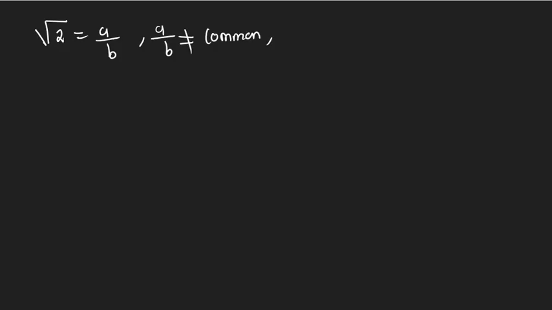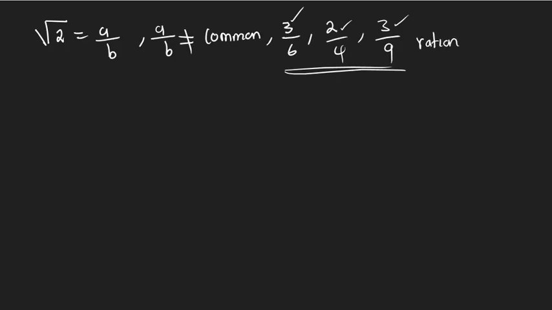By common factors, we mean anything to do with maybe 3 over 6, 2 over 4, then let's say 3 over 9, because we know that all these have got common factors. The common factor here is 3, here is 2, here is 3. If we get anything with a common factor, we know that it is rational. But if we get anything without common factors, we know that it is irrational.